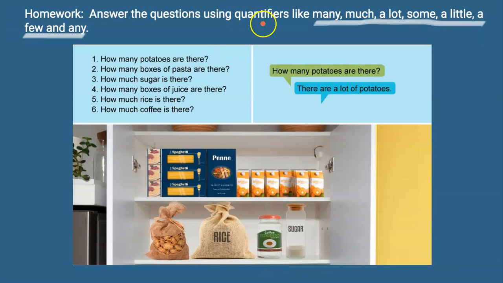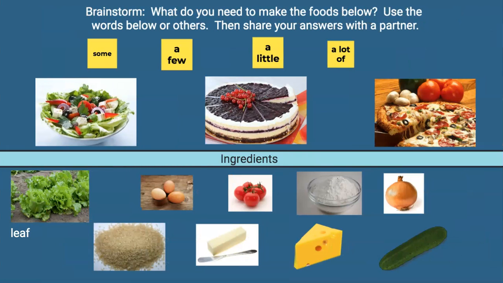And after asking and answering the questions here, I have given them one activity where they have to make sentences of their own, but still I have given them a few examples of the quantifiers that they can use in their sentences. So I have grouped them into pairs, and then one group should identify the ingredients for the salad.